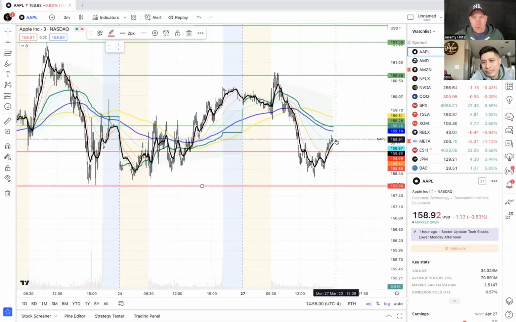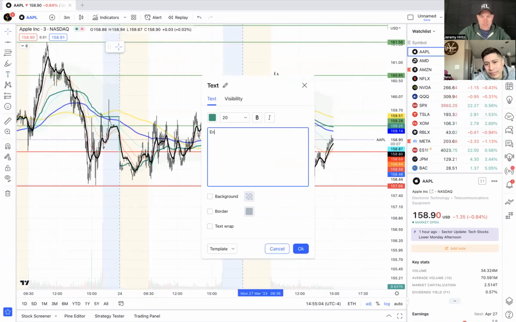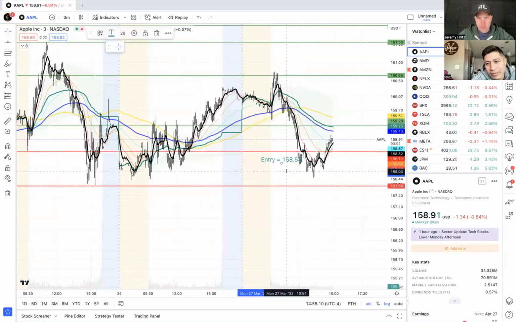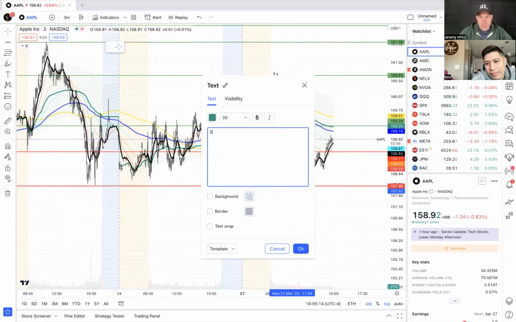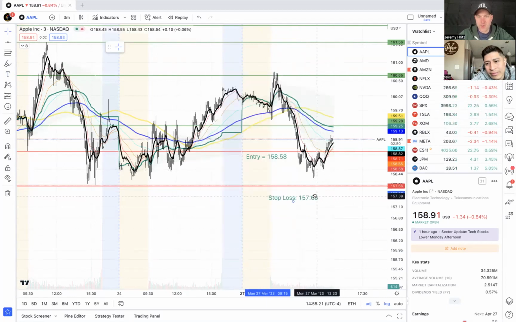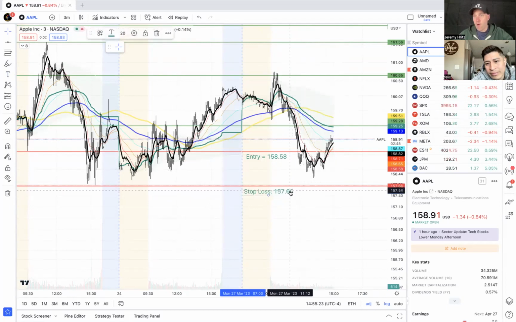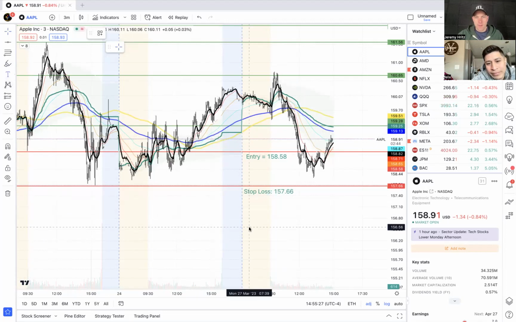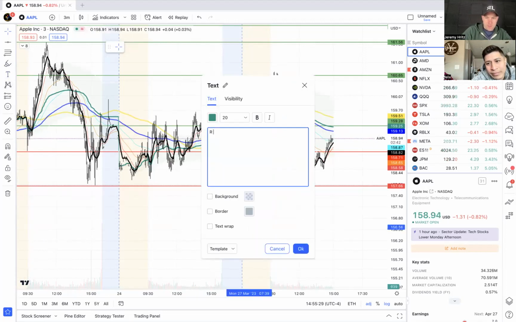So our entry here is 158.58. Our stop loss is going to be 157.66. When I started trading, my R, my risk unit, which is what we're risking and willing to lose on any trade, was $50.